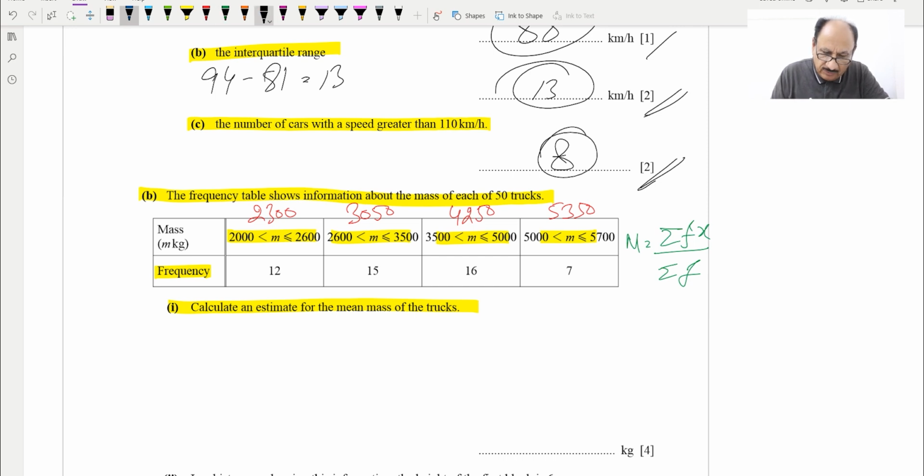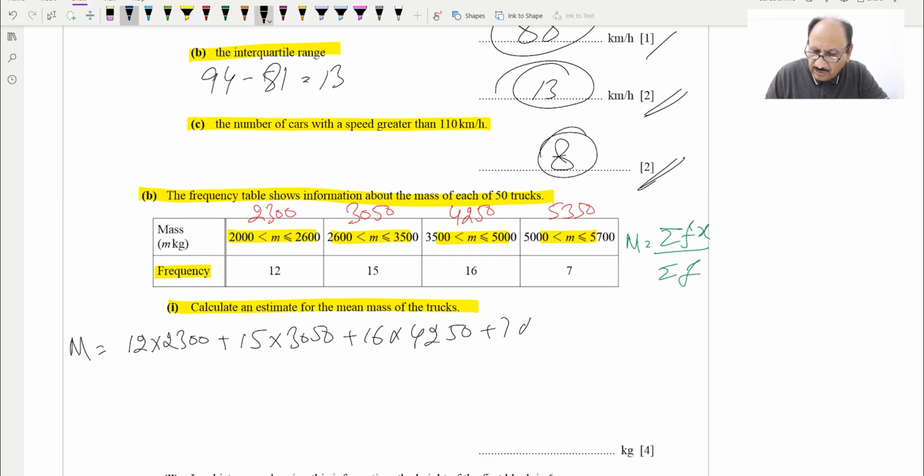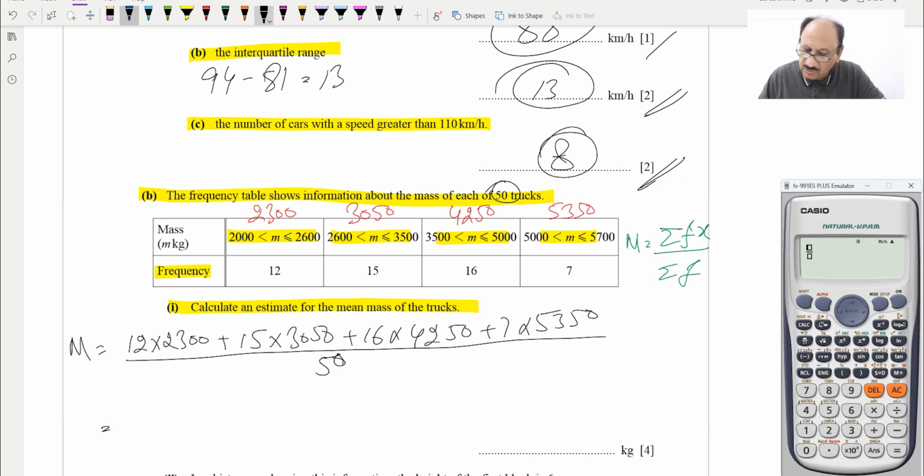Okay, and now we can replace the values, and mean will be equal to 12 multiplied by 2300 plus 15 multiplied by 3050 plus 16 multiplied by 4250 plus 7 multiplied by 5350, and divided by the total number, 50 trucks, so this will be 50. And next we need to just find the answer in fraction.